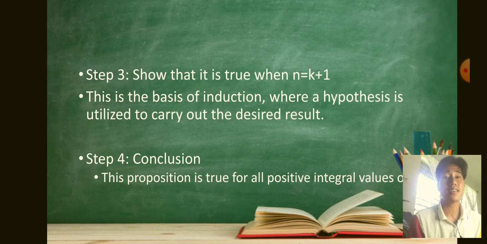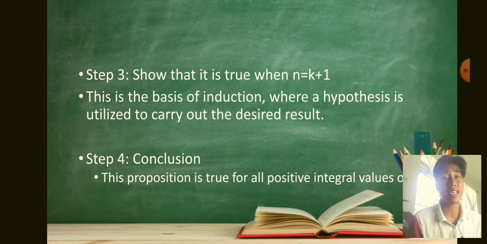Then step 3, show that it is true when n is equal to k plus 1. This is the basis of induction, where the hypothesis is utilized to carry out the desired result. So we substitute k plus 1 for n.